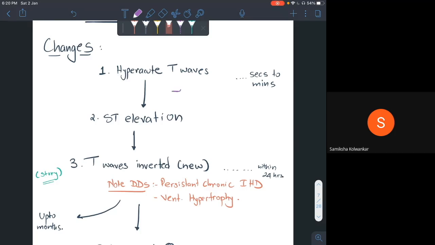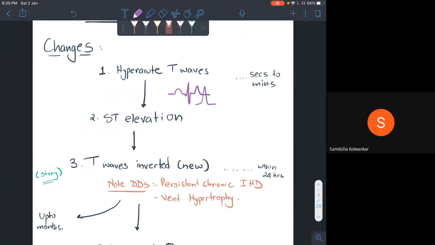It's just going like this. So P wave and then QRS, and then you see sudden spiked T waves suddenly coming onto the monitor. Your first suspect should be MI.